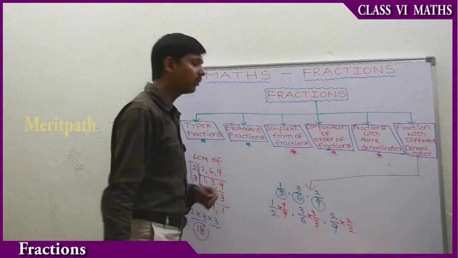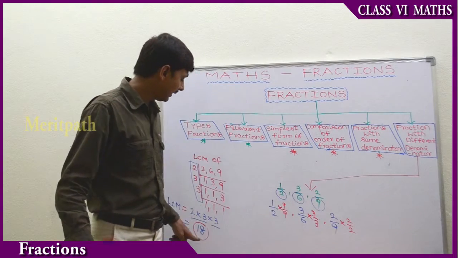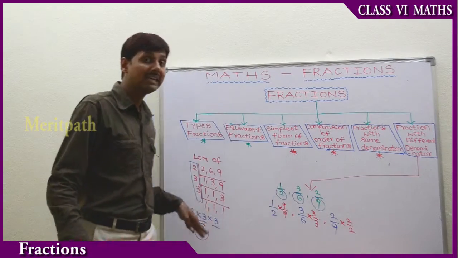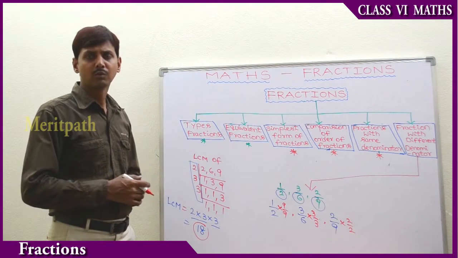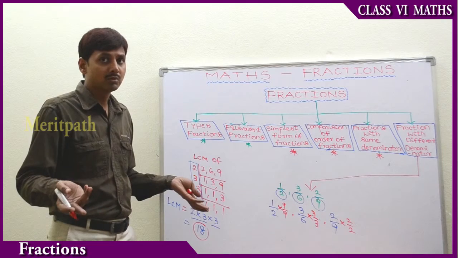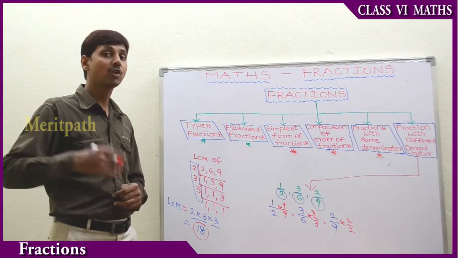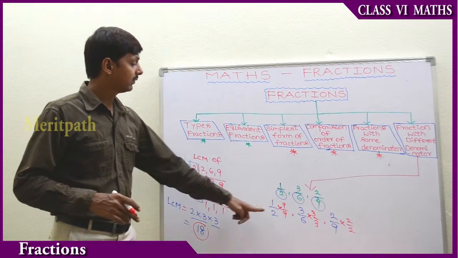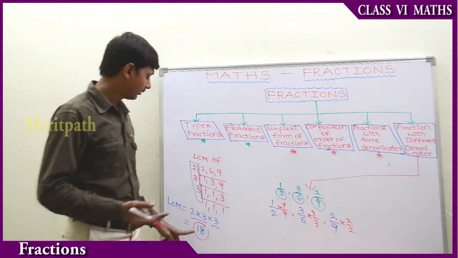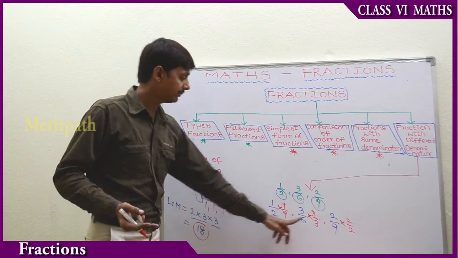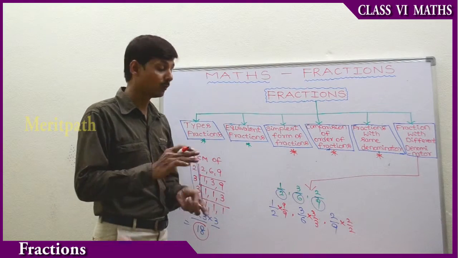Now all the denominators: 2 into 9 is 18, 6 into 3 is 18, 9 into 2 is 18. So we got 18 for all the denominators. We don't bother about the numerators because they are different. We can add or compare them if the denominators are equal. To get 18, 9 times, 3 times and 2 times, we multiplied the numerator and denominator.